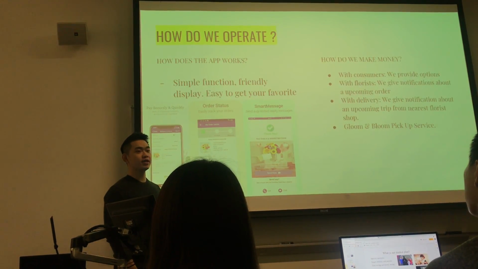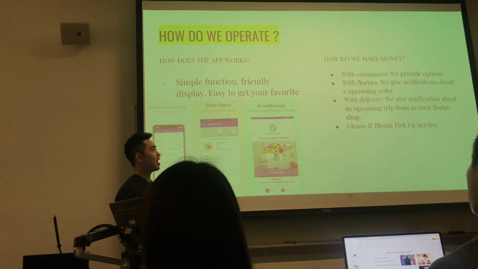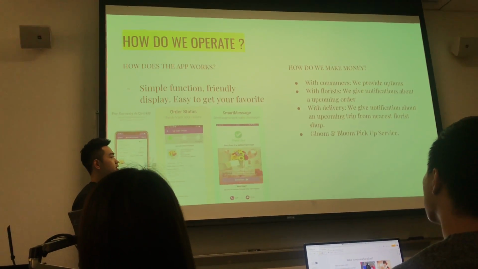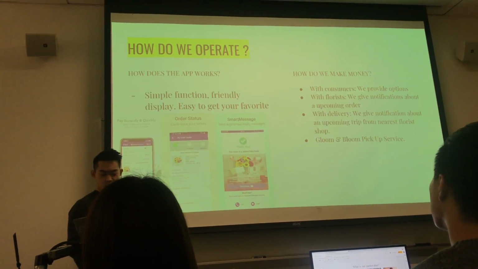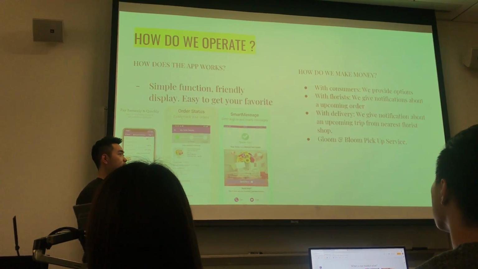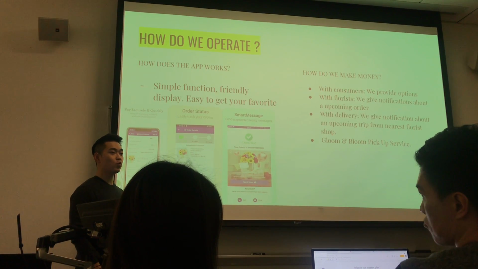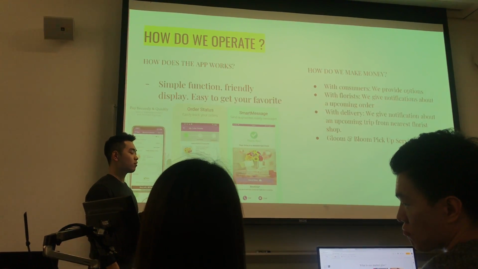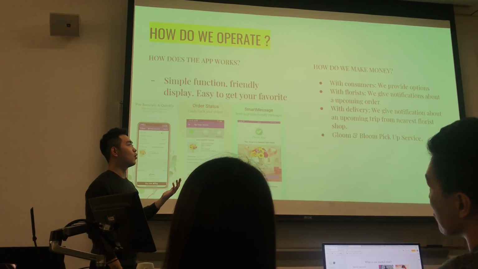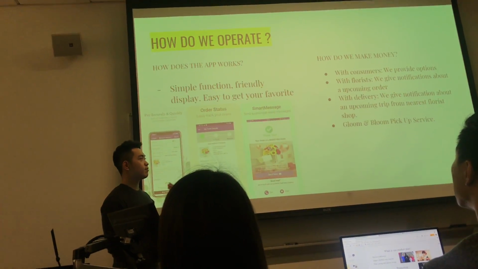By using this transparency, we make sure our flowers work well for customers. With delivery, we will build a second app for the carriers we work with, so they can work as an Uber driver, Lyft driver, Grubhub, and also Gloom and Bloom. We give them another job so they can make more money.